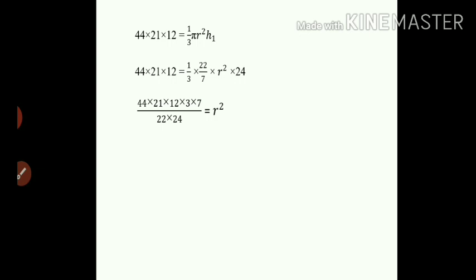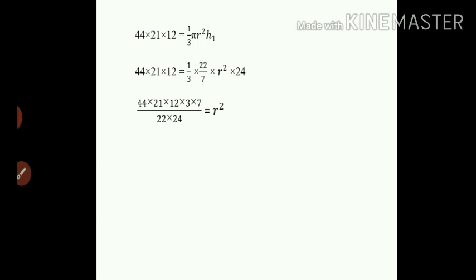So now see, from the left hand side I am taking 44 into 21 into 12 multiplied by, now from the right hand side whichever numbers are in the denominator, that is you have 1 upon 3, so I am taking 3, and we have 22 upon 7, so I am taking 7 upon, now on the right hand side we have 22 into 24, so I am taking it now here down in the denominator, so it becomes 22 into 24 is equal to radius square.